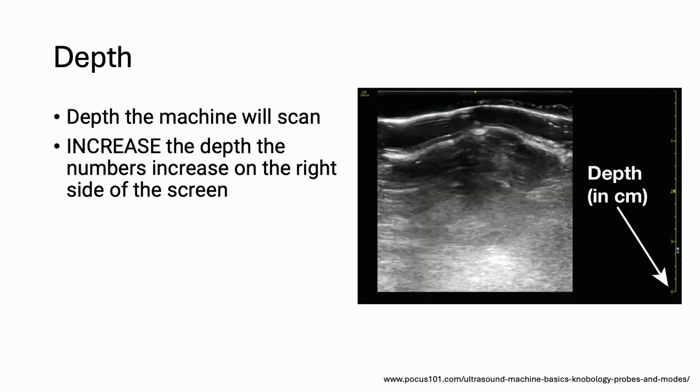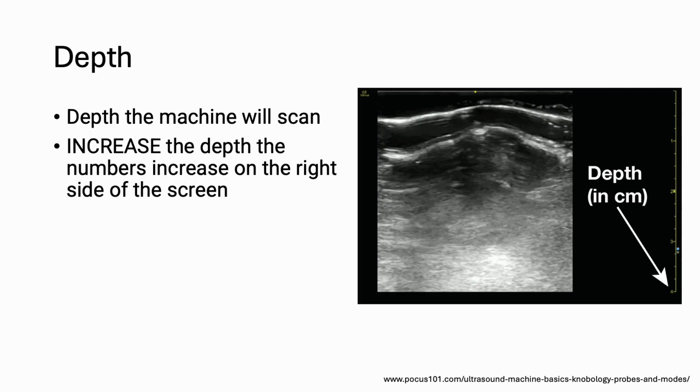So depth is the depth the machine will scan. That's pretty self-explanatory. When we increase the depth, the numbers increase on the right side of the screen. So you can see on this image, and when we have our hands on the sono machine in clinical immersion, you can practice this and we can talk about it.